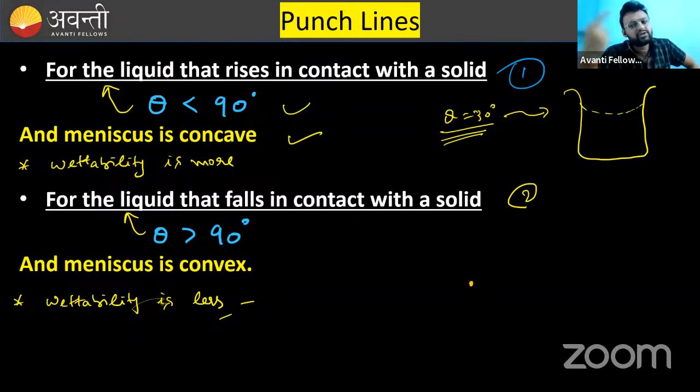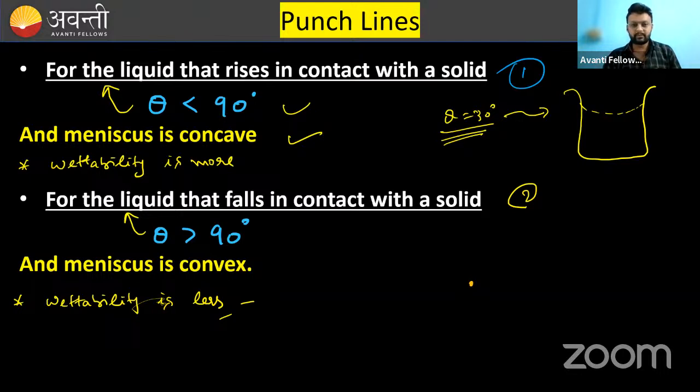If the angle of contact is 0 degrees, then wettability will be what? It will be perfectly wettable. It will perfectly wet the surface, because the lesser the angle, the more the wettability. I think till now everything is sorted. The concept of angle of contact is sorted.